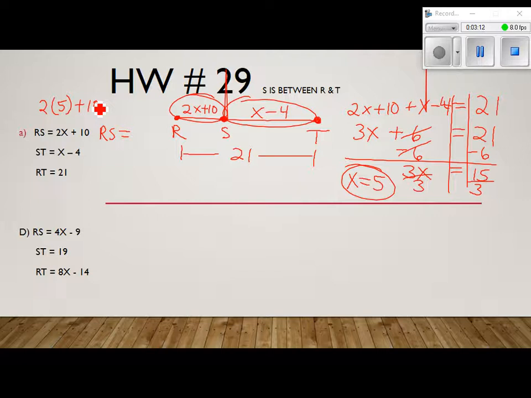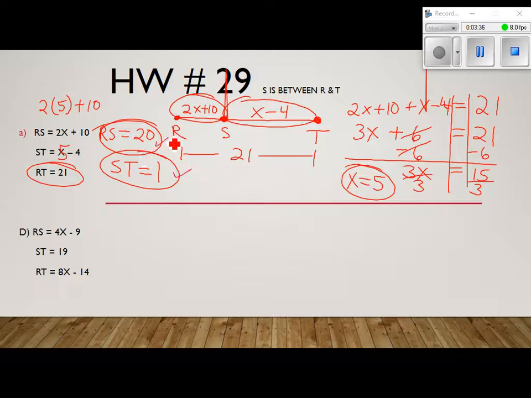Plus 10? So segment RS has a length of 20. We already know segment RT, so I'm not going to give you a point for finding RT because they told us that one, right? But we still got to find ST. Plug in right there. We said x was 5. What's 5 minus 4?